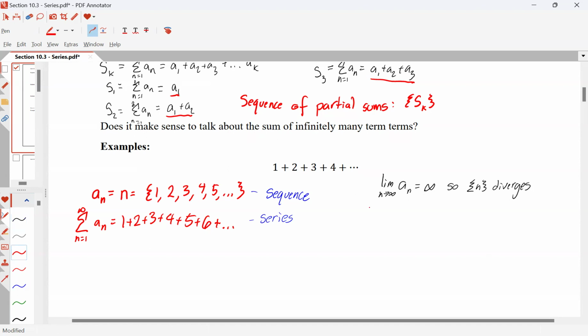But can we talk about convergence or divergence of a series? Meaning, can we talk about a series where we're adding up an infinite number of things, where that series comes out to a single finite number, or it doesn't? Divergence.